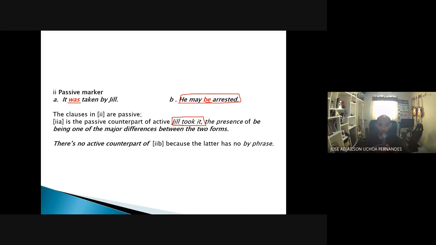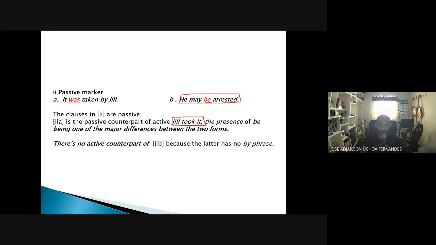Well, the police may arrest him, but then we have to put a subject. We have to bring again a new element, the police, or they may arrest him. So we have to use another pronoun. So I'd say that there's no active counterpart unless we make lots of modifications.